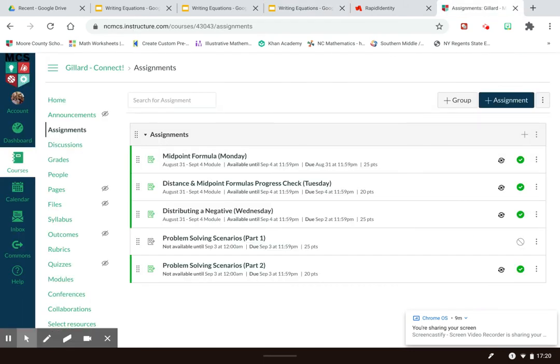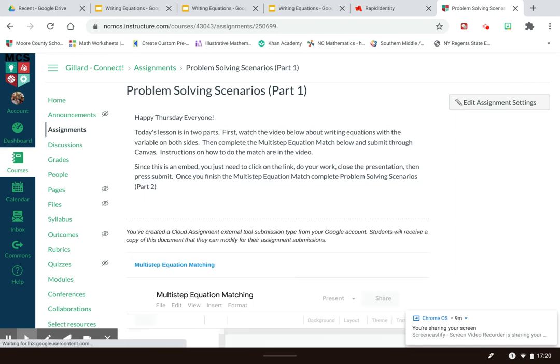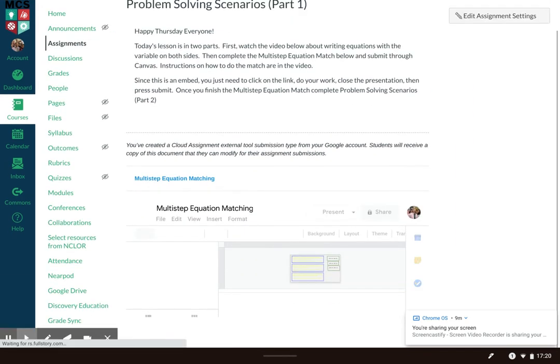So your assignments today. All right, so the first one is problem solving scenarios part 1. So when you open that up, basically what this is, it's a Google Slides, and it's called multi-step equation matching. So you just open it up.